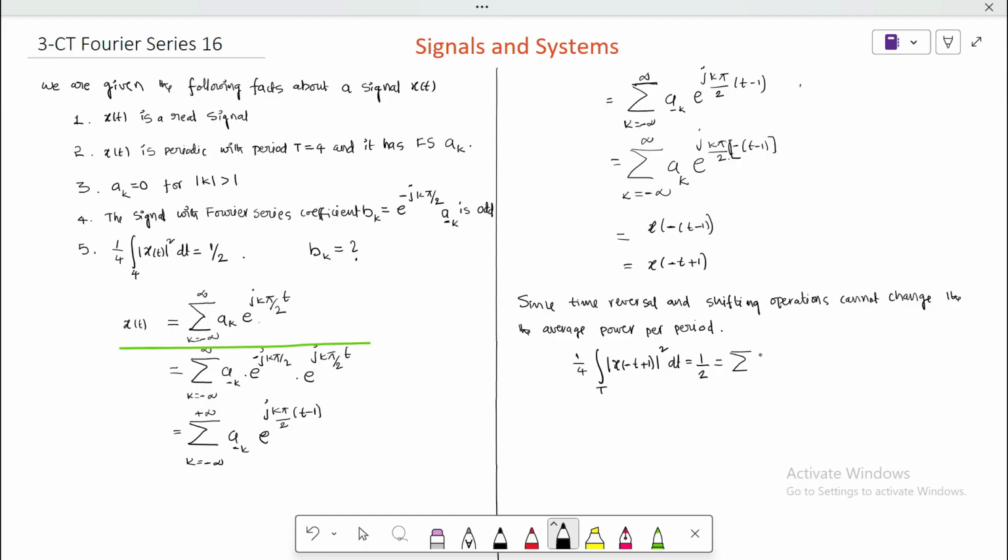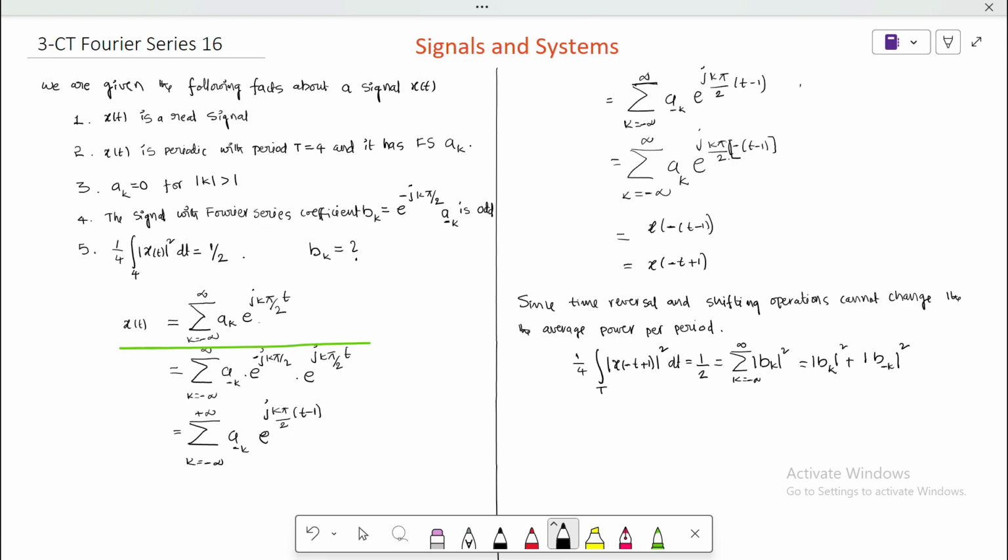Here I am writing that equals the sum of mod of b_k square from k equals minus infinity to plus infinity. We know that b_k has values for k equal to minus 1 and k equal to 1, so that equals mod of b_1 square plus mod of b_minus 1 square. For any real signal, mod of b_k is equal to mod of b_minus k.